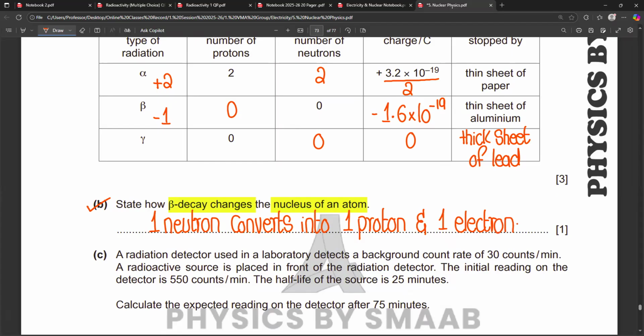So this is the change that takes place in the nucleus of an atom, right? Any confusion in this?